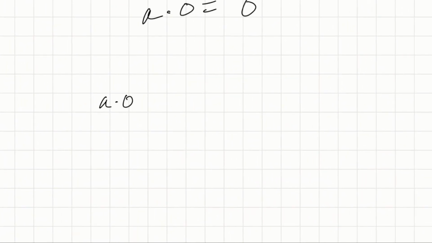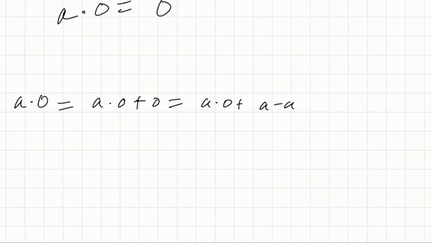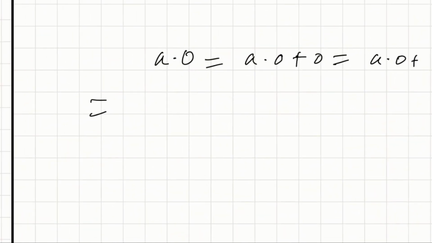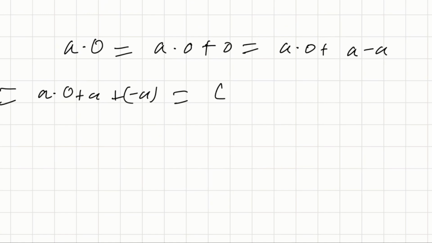So a times 0 is equal to a times 0 plus 0. This is equal to a times 0 plus a minus a, which is then equal to a times 0 plus a plus minus a, which means this is nothing else than a times 0 plus a times 1, right, plus minus 1 times a.